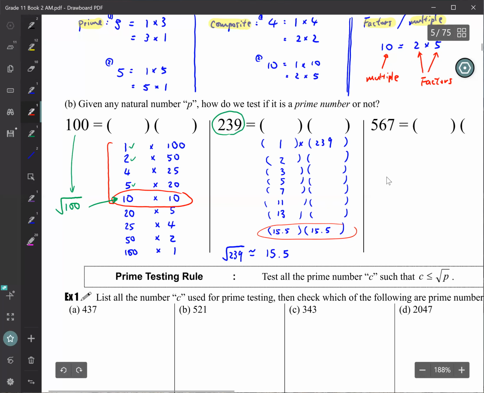Okay, and Colin, does 2 work? None of them work. Okay, so you give us all the conclusion. So 3 doesn't work, 5 doesn't work, 7 doesn't work, right? If none of them works, that means 239 is a prime or not, Sarah? Is 239 a prime? Sorry, I cannot hear you, Sarah.